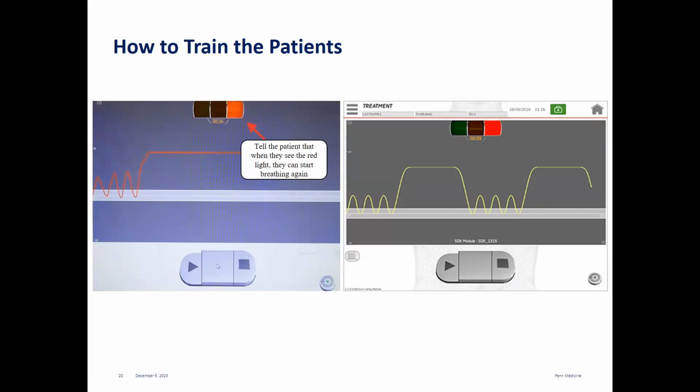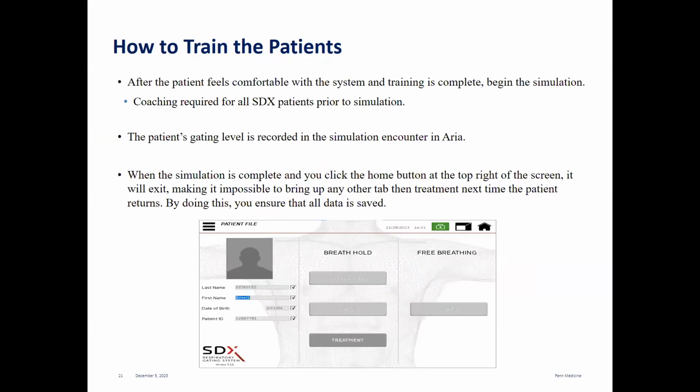So I like to tell patients that the green bar is a really easy way to tell when the therapists are ready for you to hold your breath and when they're ready for you to breathe normal again. It's also important to tell them that just because they have the green bar doesn't mean that they need to rush to get up into that green bar. They can take another normal breath if they need to before they inhale and hold their breath.